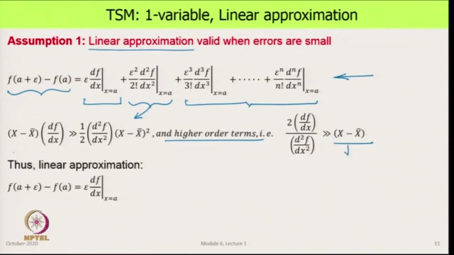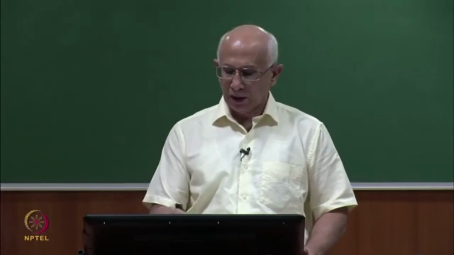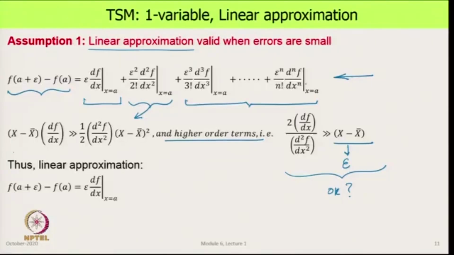Remember, x minus x bar is epsilon. So, if we have to check, this is good enough to check whether the linear approximation is okay or not. In general, most of the applications will be looking at the third and higher order terms will be definitely much smaller, and so we will be quite okay in saying that these can be neglected.